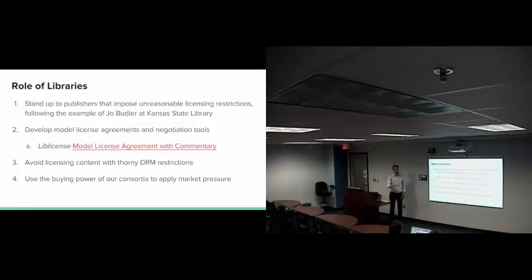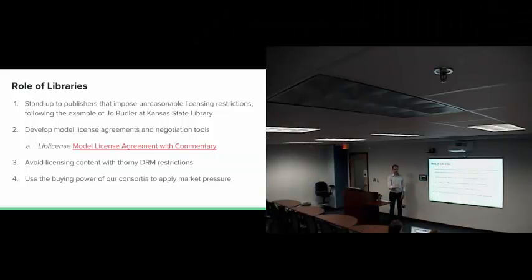And then it has commentary as well, so that when it actually comes to sitting down in a room or virtually speaking with the publisher's representative, you can provide the rationale for why this is important and why it's even a deal breaker that we have perpetual access rights, or that there be no DRM or limited DRM on the content. And again, I think this is sort of a start.